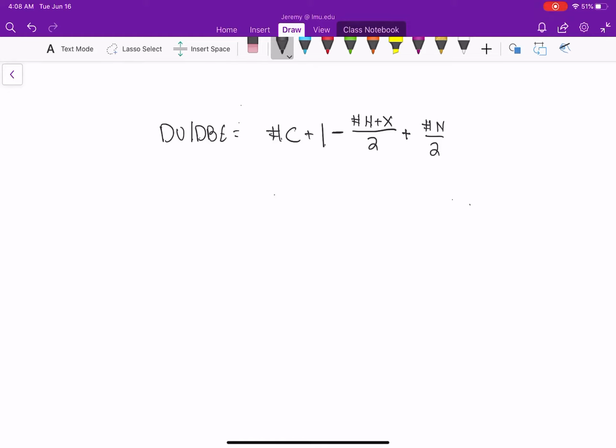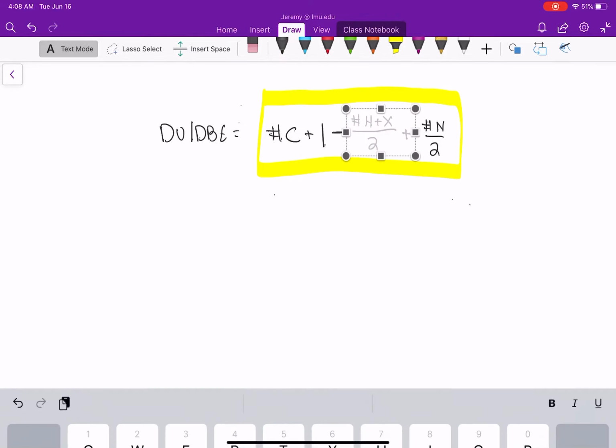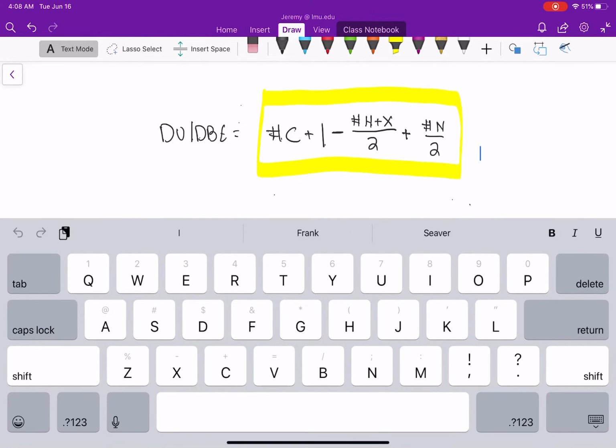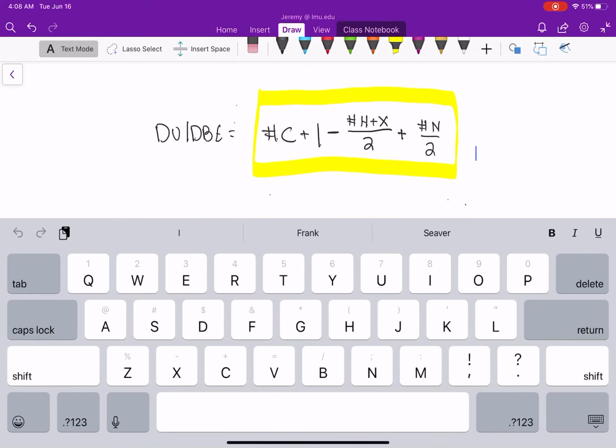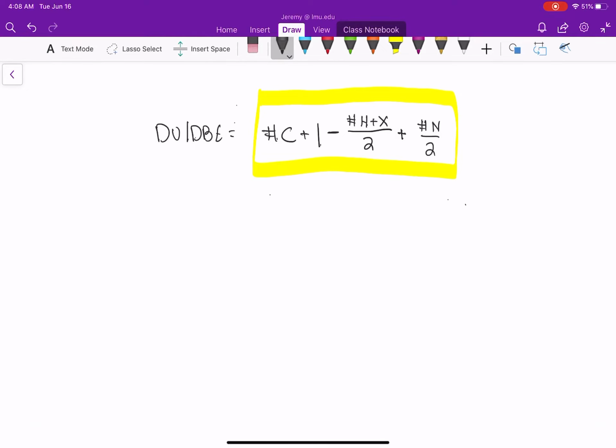So it's the number of carbons plus 1 minus hydrogens plus halogens over 2, plus nitrogens over 2. That's the formula to calculate your DUs or DBEs.